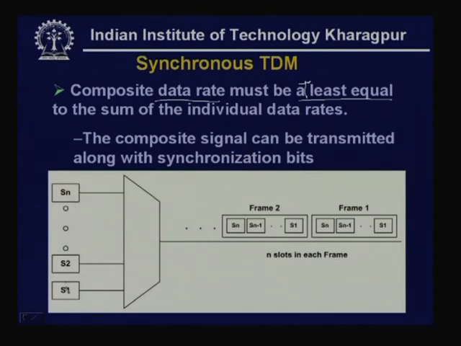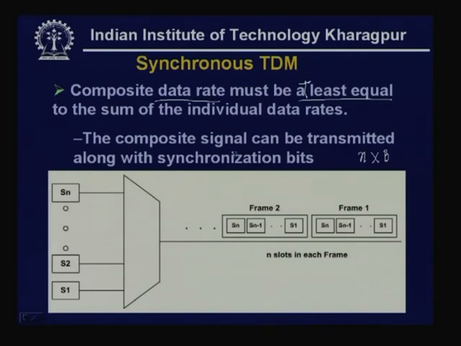If you sum up the individual data rates, say you have n channels, each with data rate b, then the scanning has to be at n into b. That means the rate will be at least n times the individual data rate when you have n stations or channels.